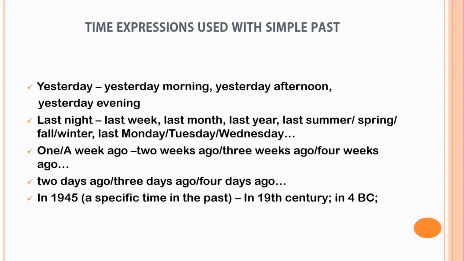We can also say a week ago, 2 weeks ago, 3 weeks ago, 4 weeks ago, 2 days ago, 3 days ago, 4 days ago. And we can also use it for a specific time in the past. For example, in 1945, in the 19th century, in 4 BC.